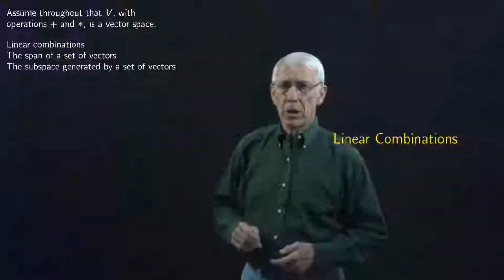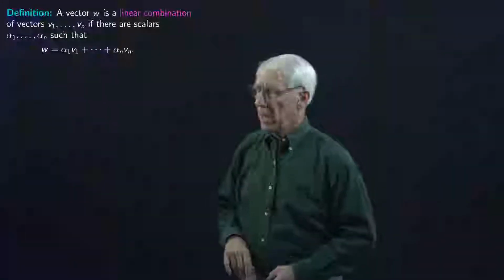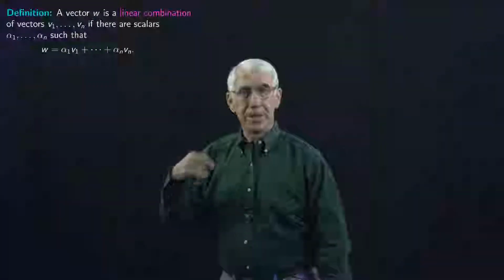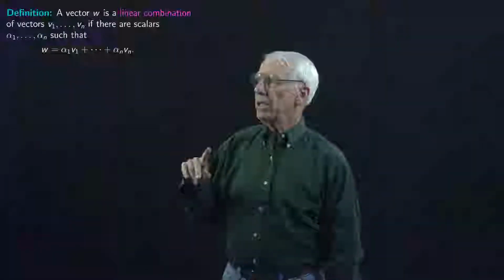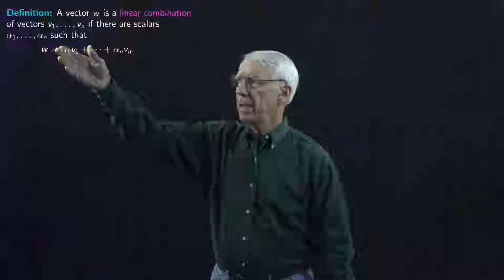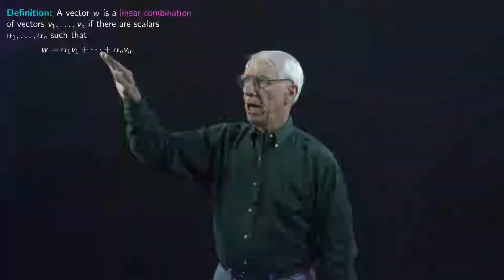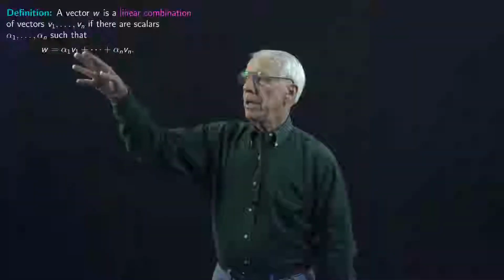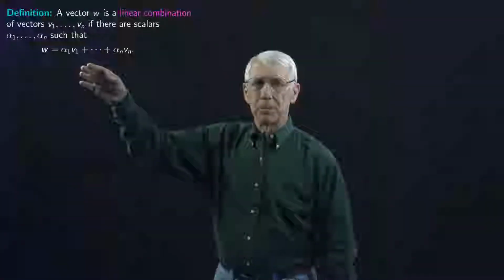So let's start off, as we often do, with a definition. And the definition is linear combination. So we're going to say that a vector w is a linear combination of n vectors v1 to vn in the vector space if there are scalars such that that w vector is the vector sum, the vector addition, of scalar multiples of the vectors.